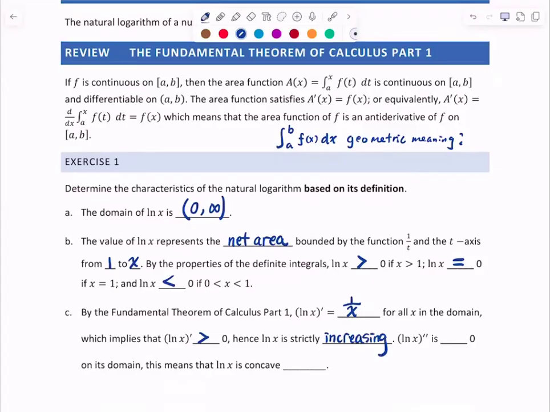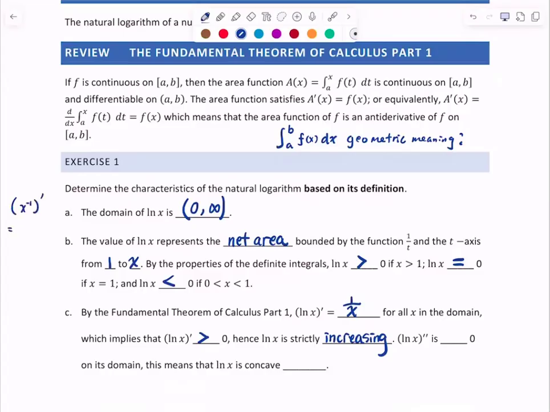Okay, so differentiate again, second derivative of ln of x, right? So what's the derivative of 1 over x? Well, you can do it in your head, or you can do it on the paper on the side. What's the derivative of 1 over x? x to the negative 1, negative x to the negative 2.